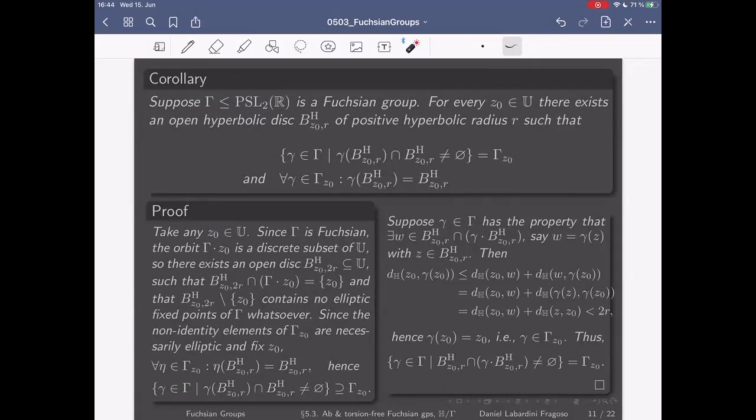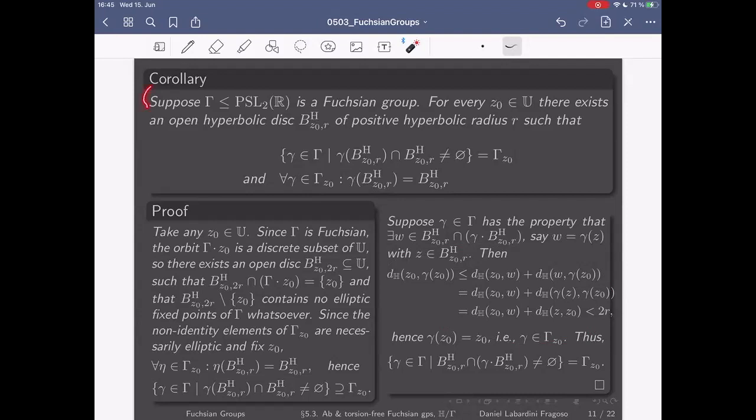And now we have this corollary, which uses a similar argument as before.